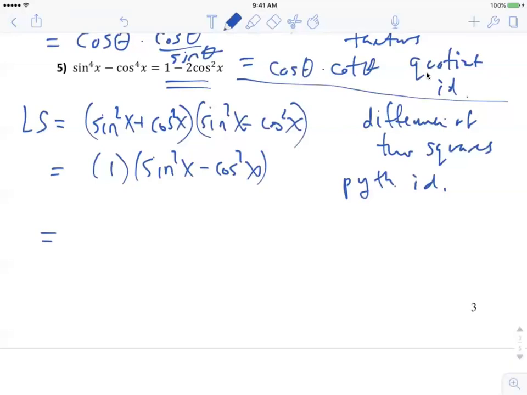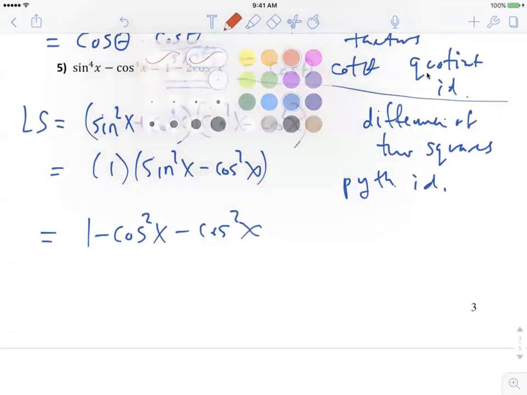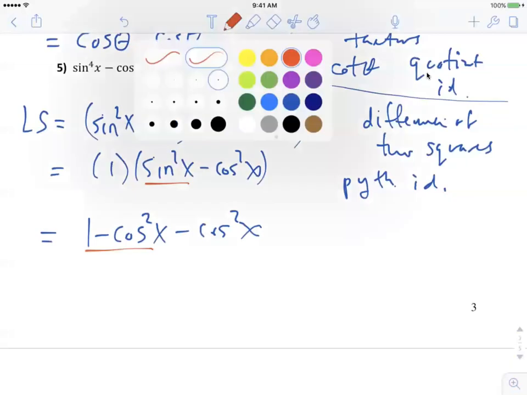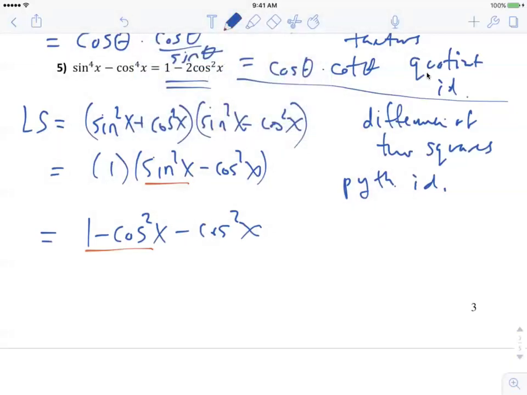So I don't need that 1 anymore up front. Sine squared is 1 minus cosine squared. So I'm replacing sine squared with 1 minus cosine squared, and I'm not needing any of the parentheses. All I did there was replace sine squared with 1 minus cosine squared and drop the 1 and the parentheses. And that's another alternate form of Pythagorean identity.